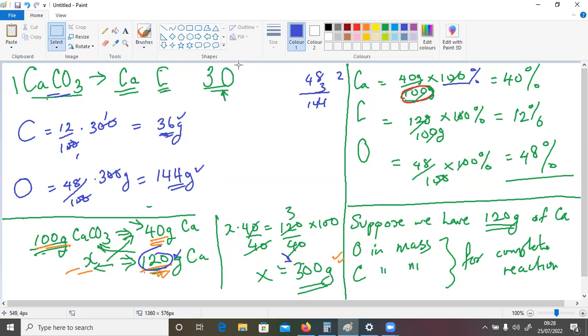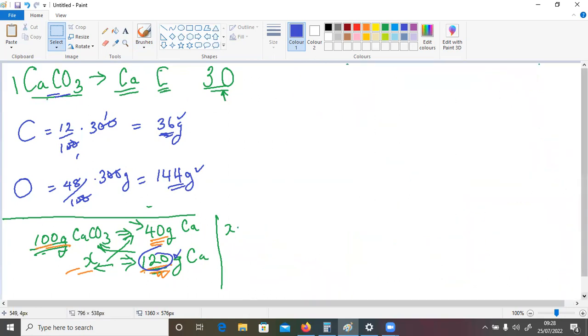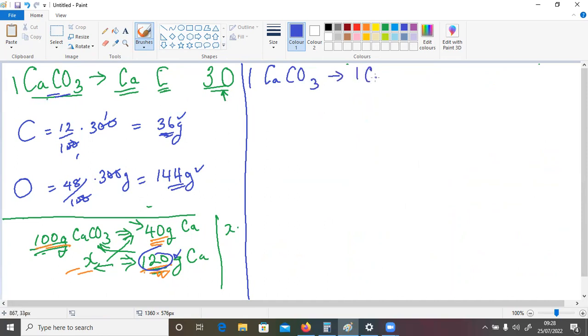I want to clear up the board so that I come to the second way, where you use the molar mass calculation to the mole to do the same calculation. What did we say? If we have 1 mole of calcium carbonate, it is made up of 1 mole of calcium combined with 1 mole of carbon combined with 3 moles of oxygen.